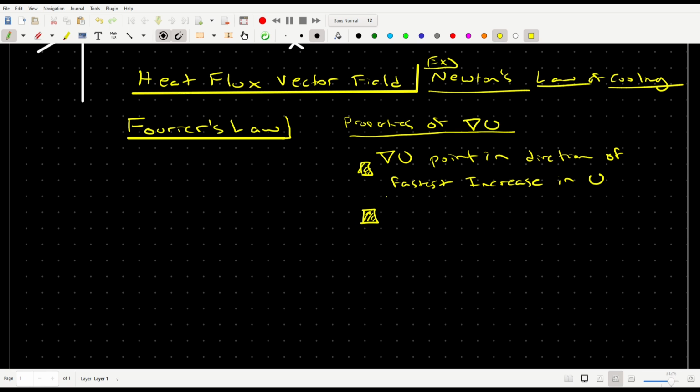The other thing that we want to note is that temperature at any point should be flowing opposite to the gradient of u.